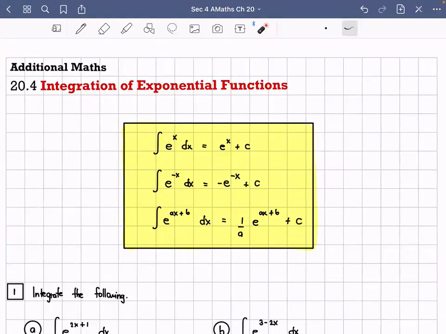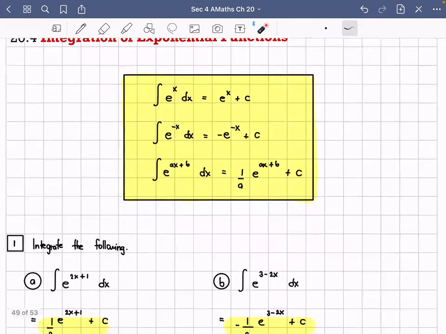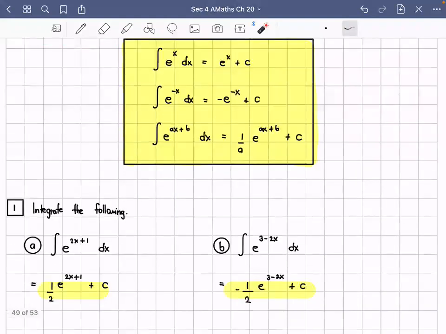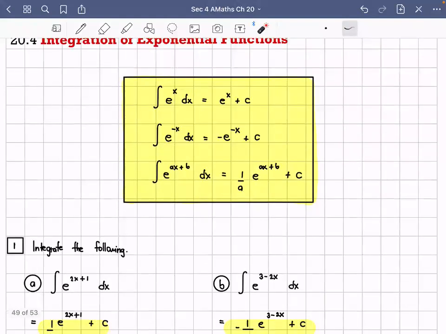So basically, when you integrate e, or natural log, with e, or exponential, raised to x, that is equal to the same thing, right? Plus c, it didn't change at all. And then if now your index is a negative, it will affect the value of e. E will become a negative e.